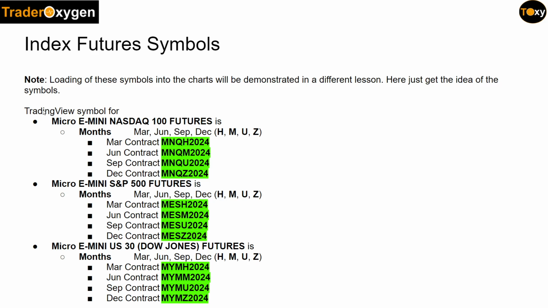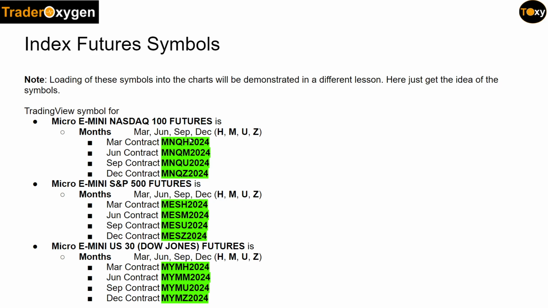So what are the symbols? For micro E-mini Nasdaq index futures, the contract delivery months, as I said earlier, are March, June, September, December, and there's a symbol for each month. For March deliveries, you get H. For June, you get M, then U, Z. Likewise, it is the same for S&P 500 and Dow Jones.